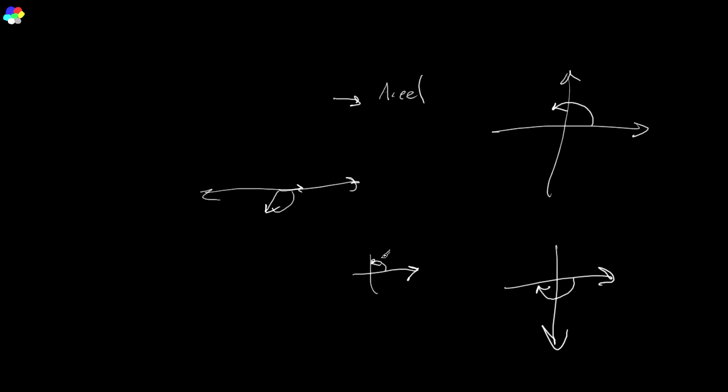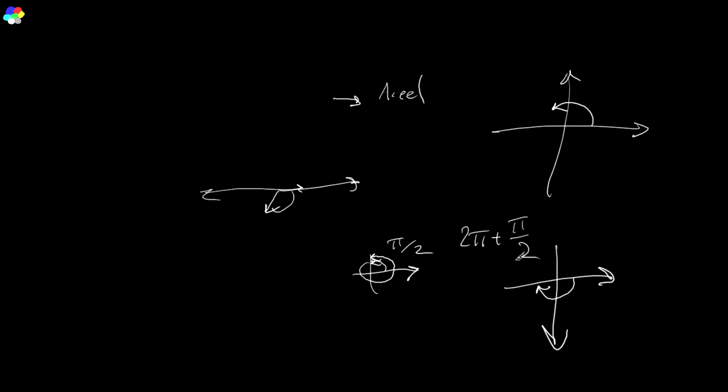For example, pi over 2 is exactly the same as 2 pi plus pi over 2, which is like 5 pi over 2. Maybe.